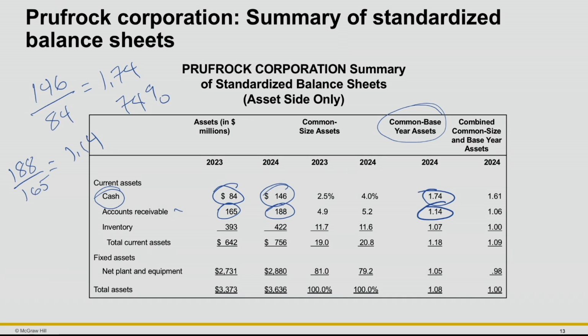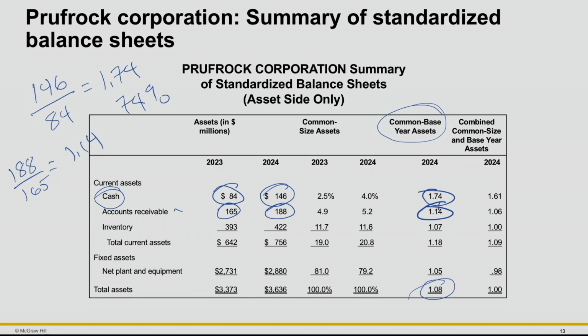So in other words, the number after the 1 tells us the percent increase. Now obviously if it's less than 1, there was a decrease. But in this particular situation, everything went up. And actually, overall, total assets went up by 8%. All right? Now, this one is pretty straightforward, so hopefully that makes some sense to you.